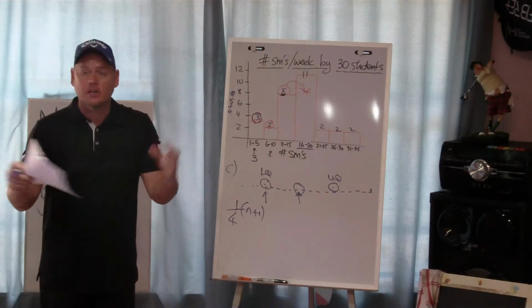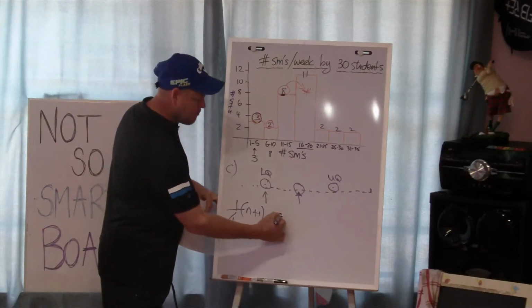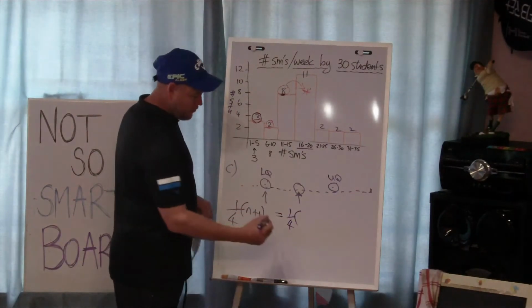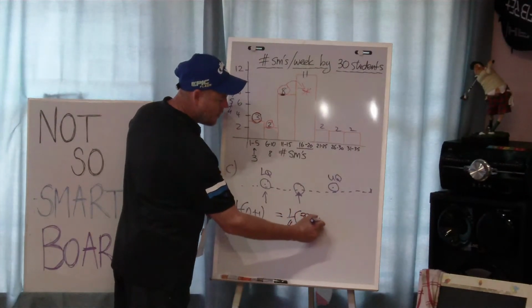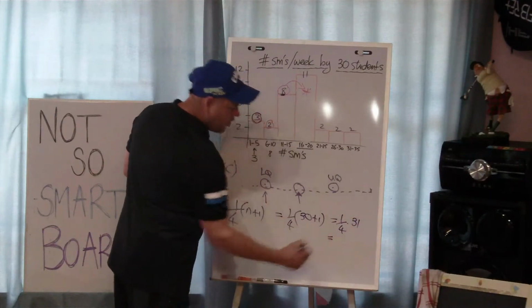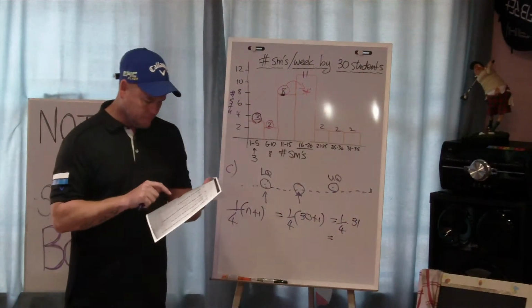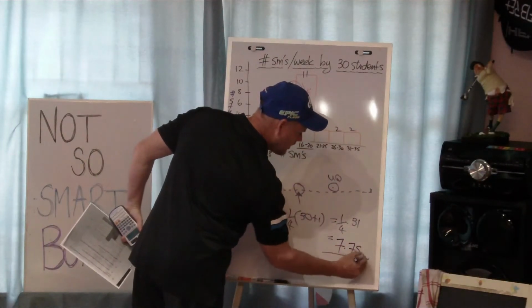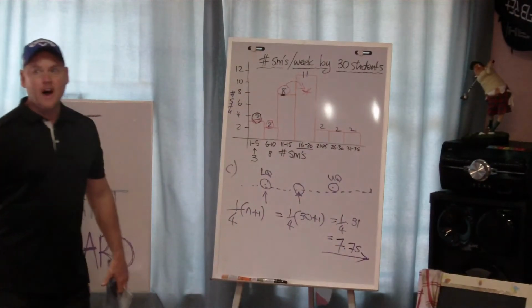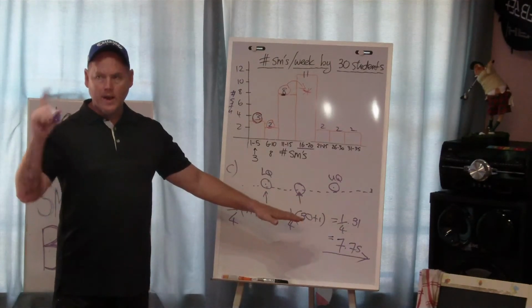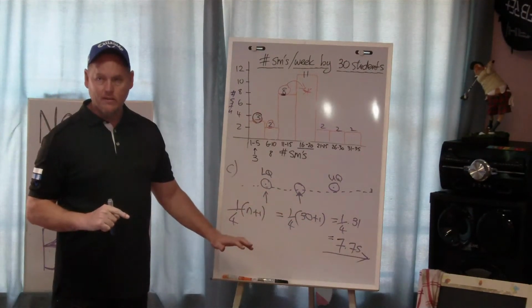So a quarter, n is the number of students, so it's 30 plus 1. So it's a quarter of 31. On your calculator, what do you get? 7,75.